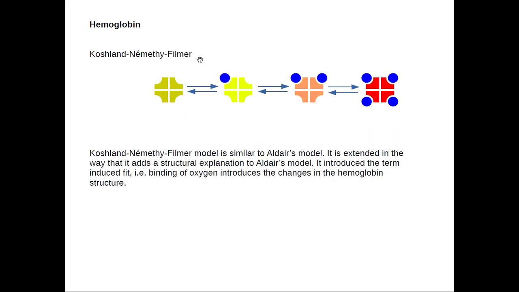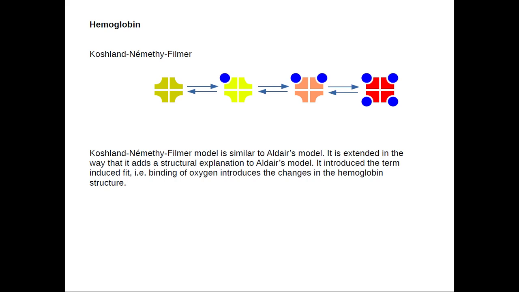And finally, there is a model, for which I have the same picture as for Adair's model, by Koshland, Nemethy, and Filmer. This is very similar to the Adair model, but there is one extra, very important point, which was the introduction of conformational change into this model.